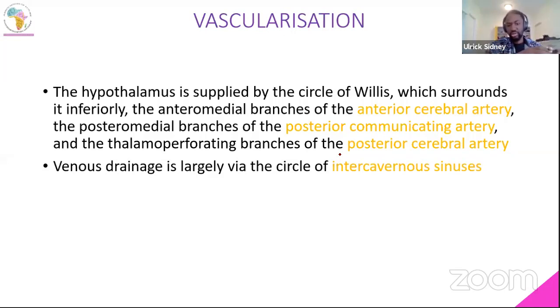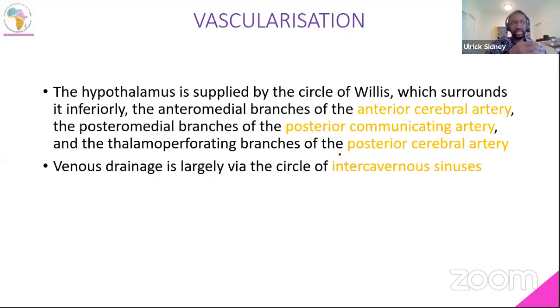In terms of the venous drainage, it drains through the intercavernous sinuses. So here, this is a venous sinus, like you all know, and there are multiple venous sinuses at the level of the brain. The closest here is the intercavernous sinus, and the cavernous sinuses are directly posterior to the orbit.